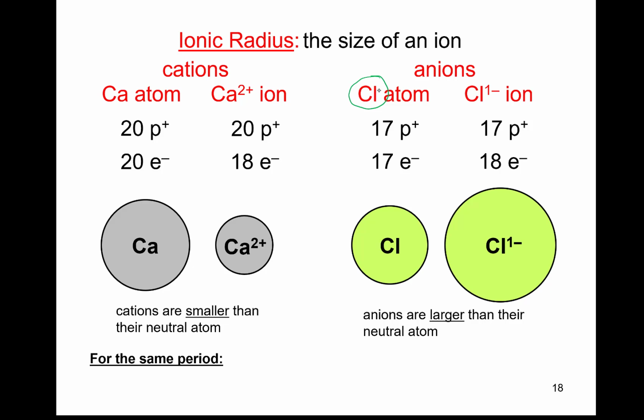So when you're in the same period, as you lose more electrons, just like our cations do, we get smaller.